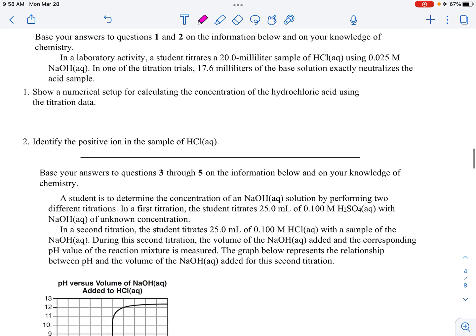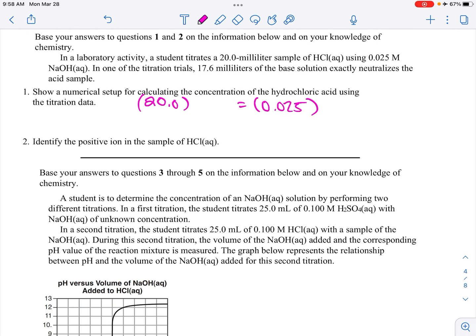All right. Here we have short answer. It says, show a numerical setup for calculating the concentration of the hydrochloric acid using titration data. Okay, so you don't have to solve it. In a lab activity, a student titrates a 20 milliliter sample of HCl using 0.25 molar NaOH, so that's our base.